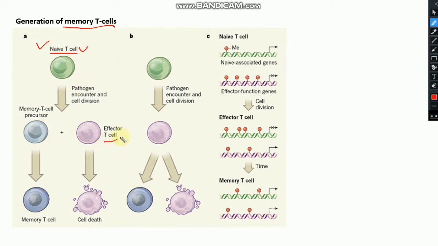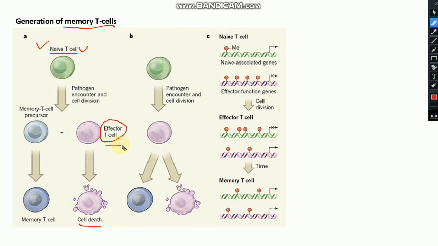These effector T cells are the cells that respond against a specific pathogen. And when these T cells proliferate against the pathogen, then the pathogens or infected cells are destroyed by these effector T cells.